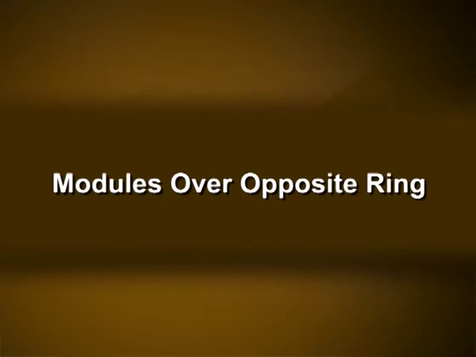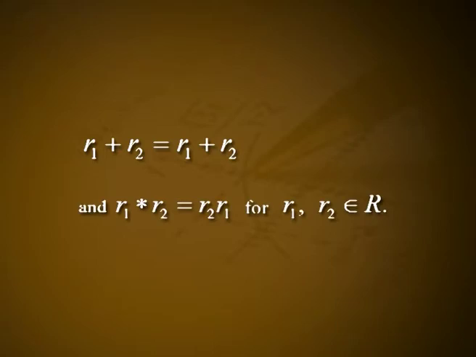Modules over opposite ring. Given a ring R, let R^0, or R raised to OP, read as R opposite, be the same set R. Define addition and multiplication on R^0 as r1 plus r2 is equal to r1 plus r2, and r1 star r2 is equal to r2 r1, for r1, r2 belonging to R. Under these operations, R^0 is a ring.